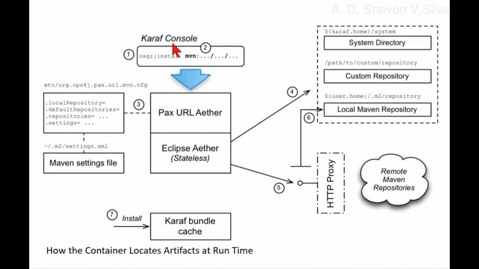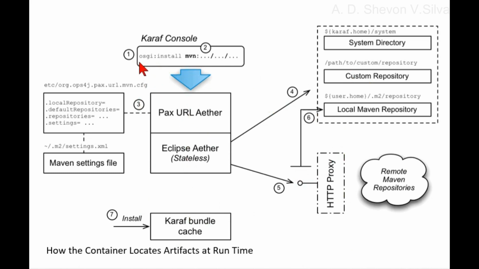Here you can see the Karaf console. This is a specific configuration in Red Hat. I'm showing this to show how the container locates artifacts at runtime with Maven.